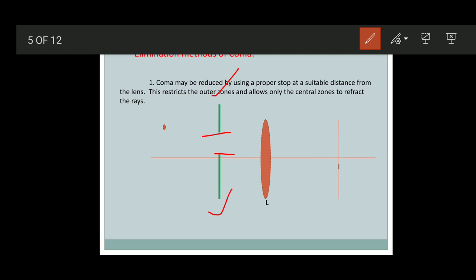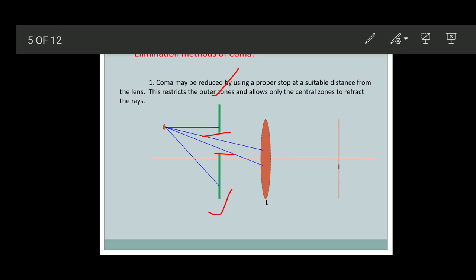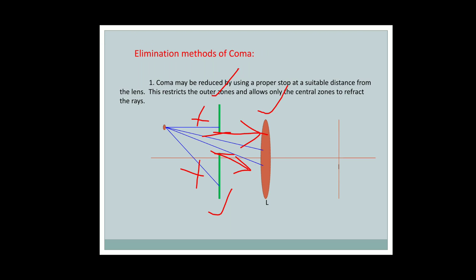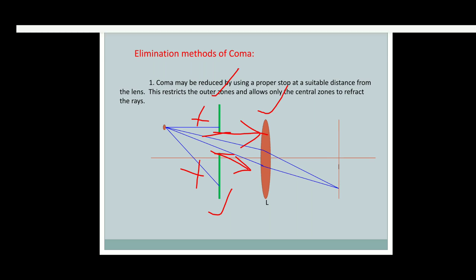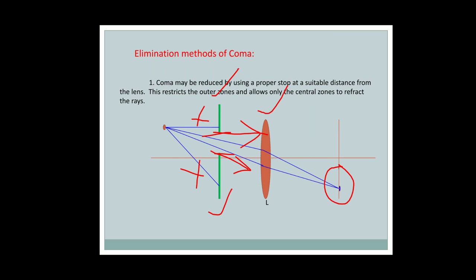It has a slit. The rays incident on the stop, the outer zone rays, are blocked by the stop. But the inner zone rays pass through the slit and are incident on the convex lens. These rays pass through the convex lens and form a single point image on the screen. So by using this method, we can eliminate the coma.